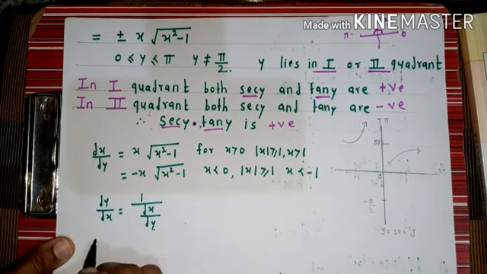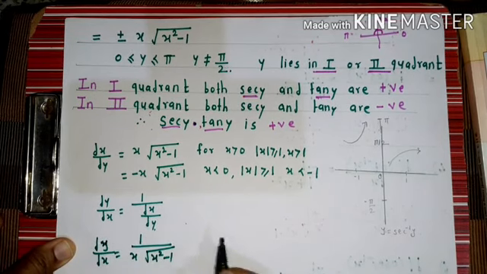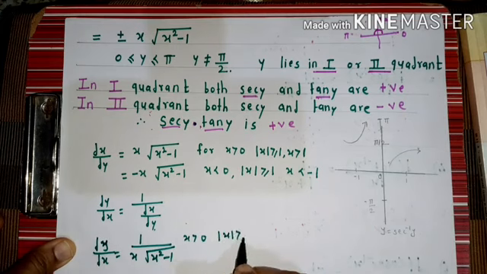dy by dx equals 1 upon x into square root of x square minus 1, for x greater than 0, mod of x greater than 1 and x greater than 1.